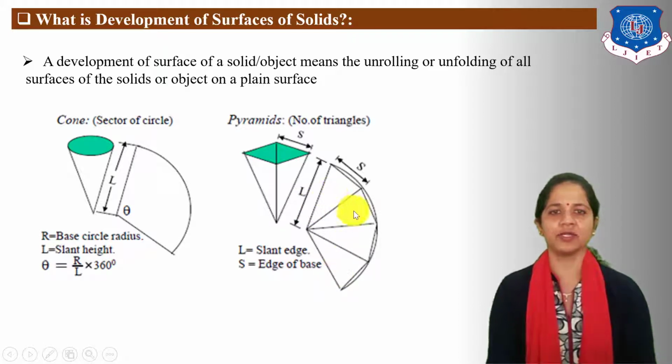Here, 4 triangular faces open because a square pyramid is given. The base length of each triangle is equal to the edge of the base. Here, L indicates the slant edge length.